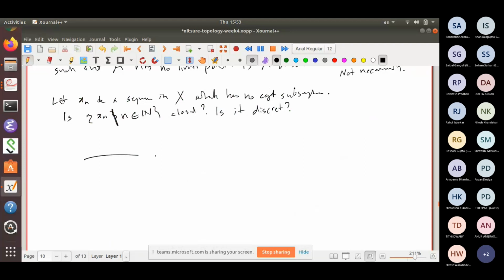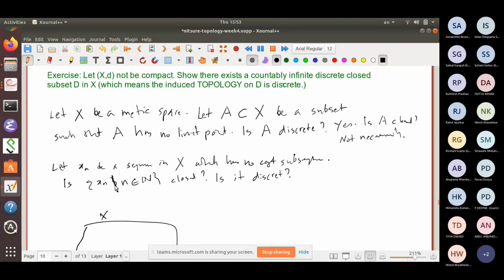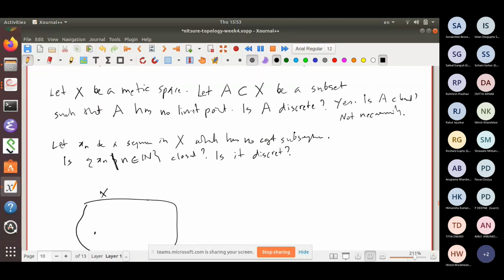So here's my metric space X. Here's this D, which is an infinite discrete closed set. So it has a countably infinite subset. So let those points be called x_n, and D is the set of all these x_n's.